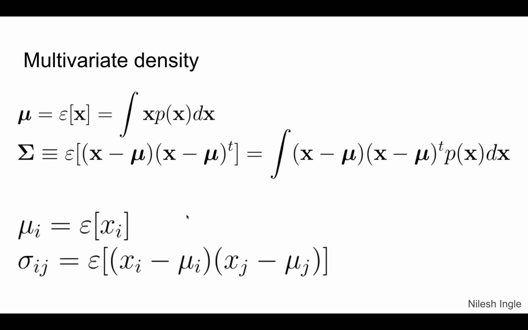And this is in matrix form. In the single form, it would be represented as shown here with x of i, and again the variance for ij would be x of i minus mu of i times x of j minus mu of j.